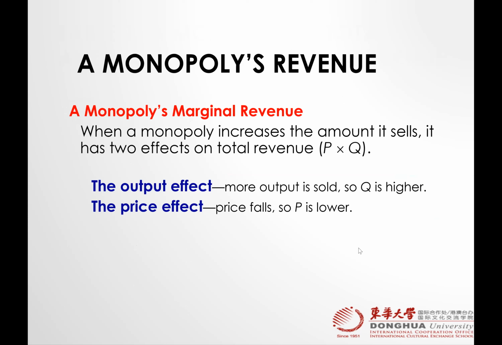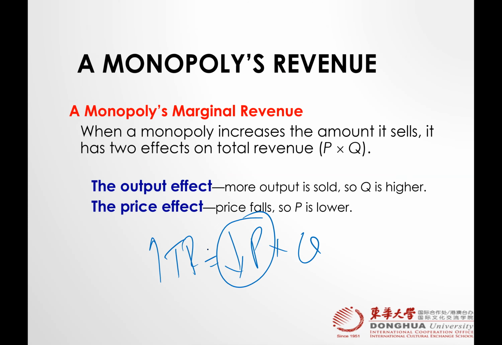And then we talked about the price effect and output effect with respect to monopoly. We know that the total revenue formula is price times quantity. So if a monopoly wants to increase its revenue by decreasing the price, what is the effect? The price effect is a decrease in price.